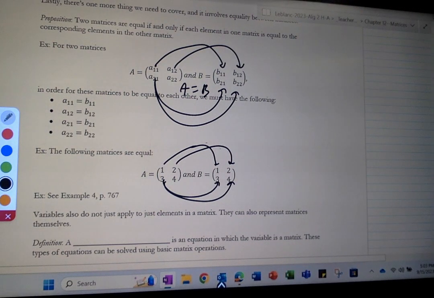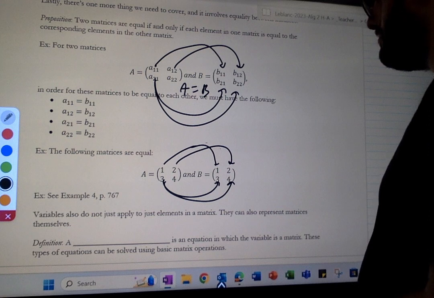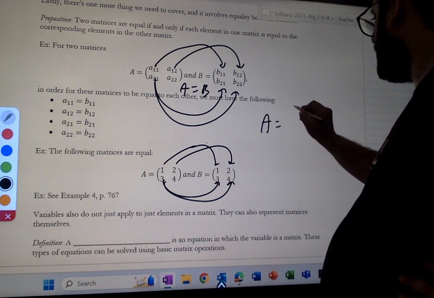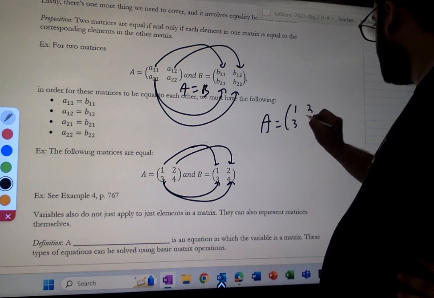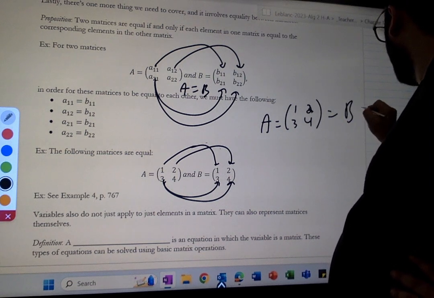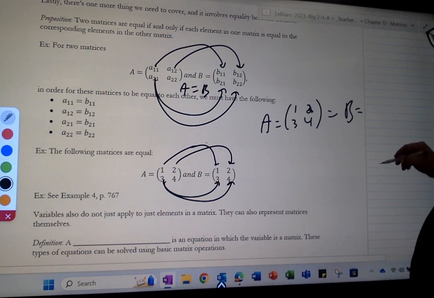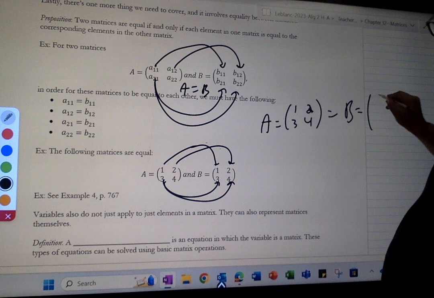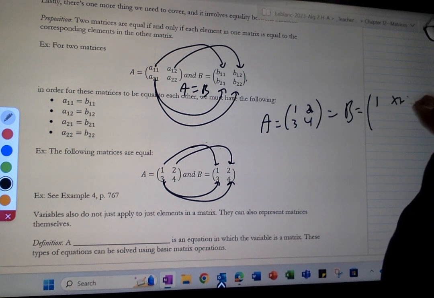Okay? But also, let's look at just another example. We're going to let A be the same thing, 1, 2, 3, 4. And we're going to let B be 1, x plus 2, 3, 4.